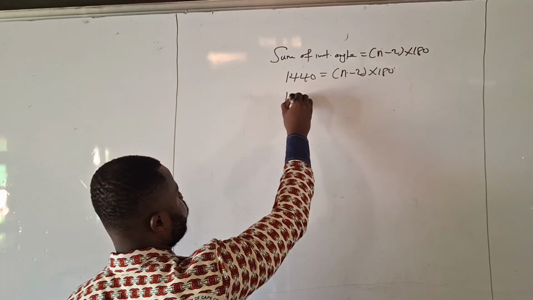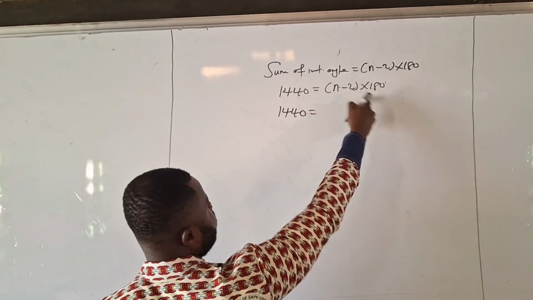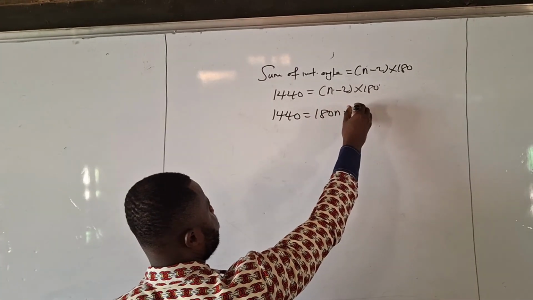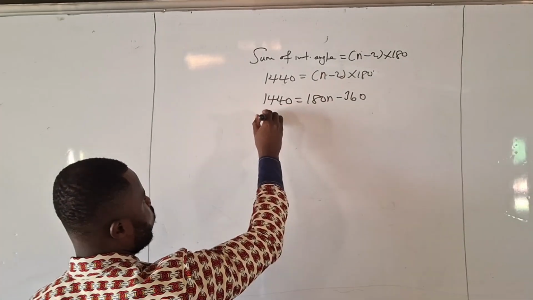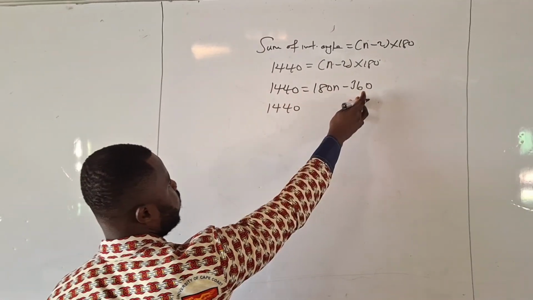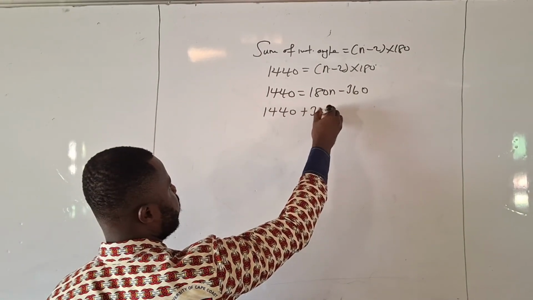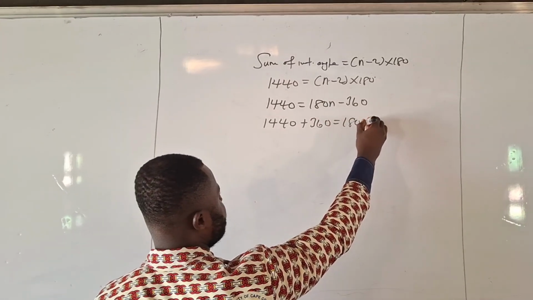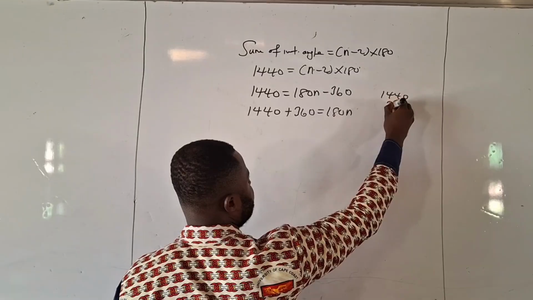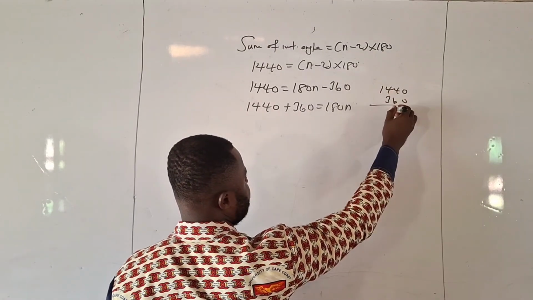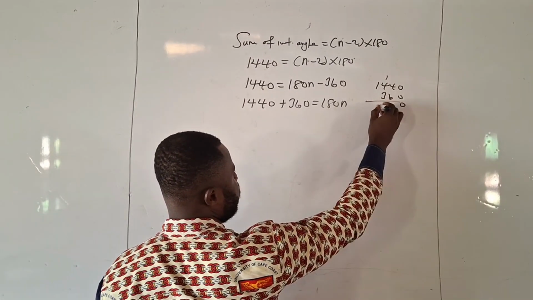So we have to solve for n. So this times is 180n minus 360. So 1440, let's bring this here. 360 is equal to 180n. So when we add 0 plus 0 is 0, 4 plus 6 is 10, write 0 remainder 1, this will give us 18.